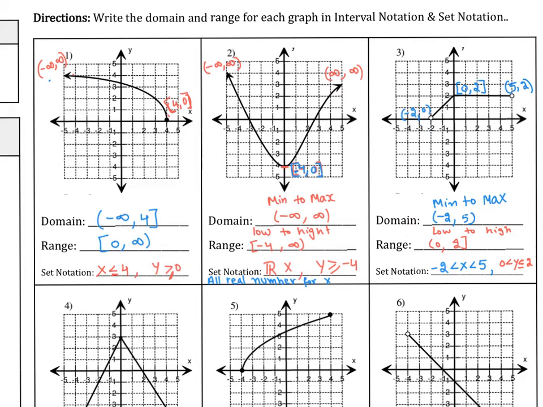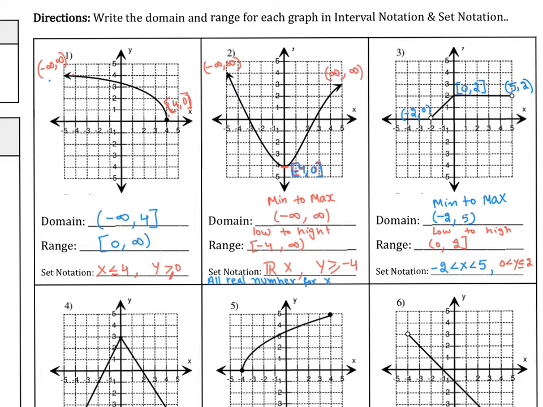For domain, you're going to write down the minimum value of x to the maximum value. So the minimum value of x here is negative 2. The maximum value is not 0 but is 5, so negative 2 comma 5. For range, you're going to use the lowest value for y to the highest.